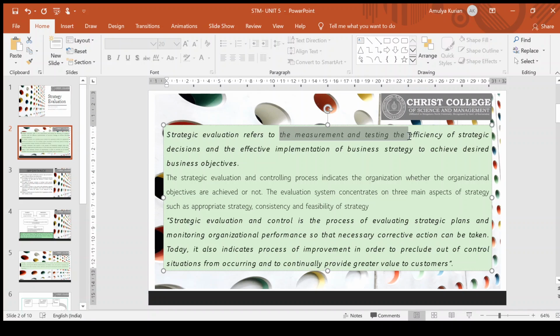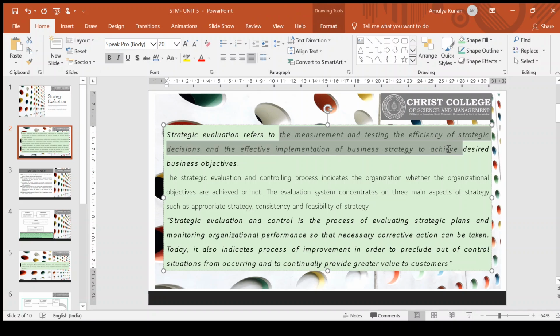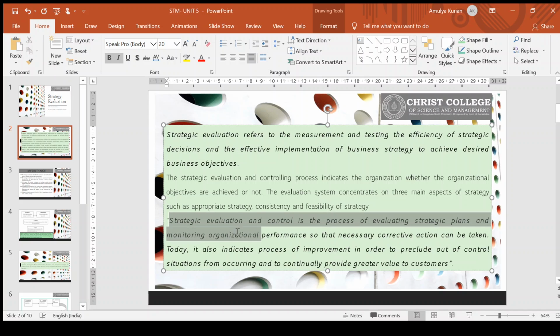It is the measurement and testing of the efficiency of strategic decisions and effective implementation of business strategy to achieve desired business objectives. Strategic evaluation and control means we will be monitoring the performance, and since there is control, we will be taking corrective actions in order to improve the processes and ensure that we are able to provide the customer a greater value.